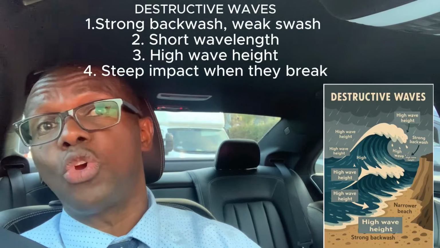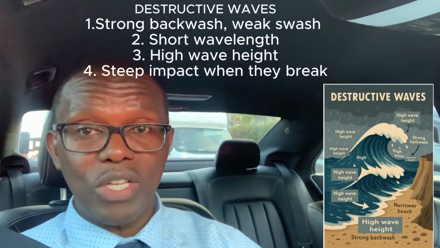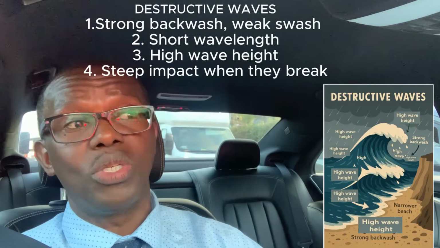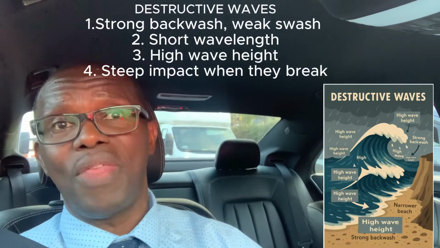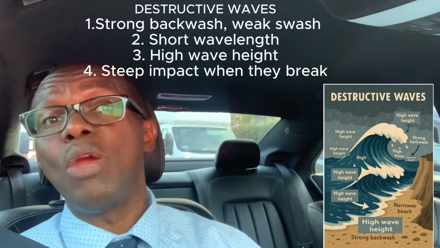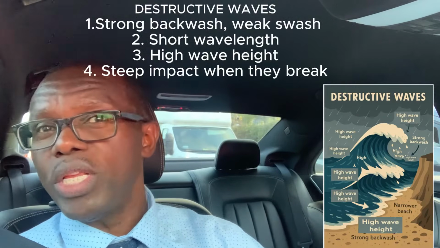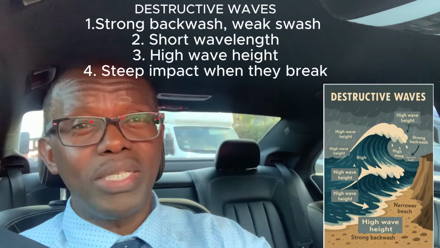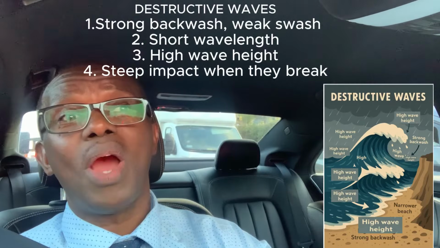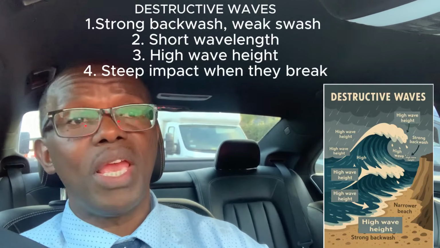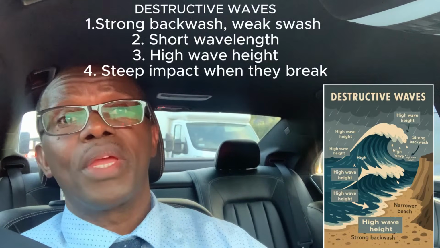And in fact, destructive waves are also called plunging waves, and the reason for that is that they will plunge downwards after the wave breaks. Which then means that as they plunge downwards, they are going to have a very massive impact on the beach.